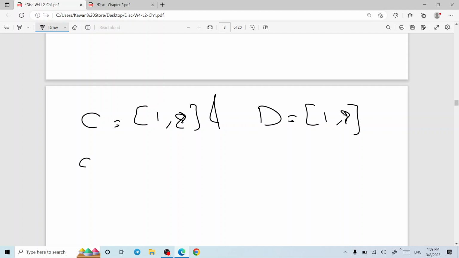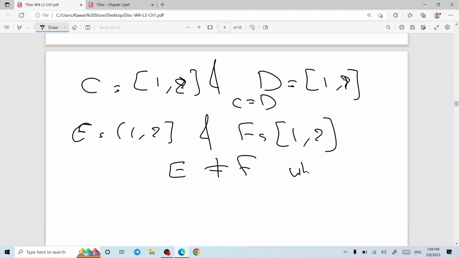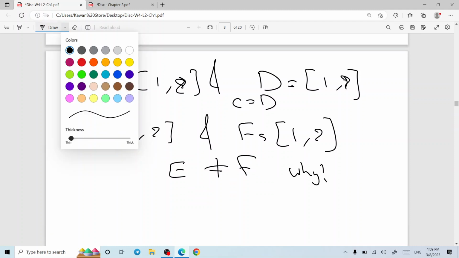But if I say here, they are not equal, because at least I have a single number which is not here. Why? Can you answer generally?